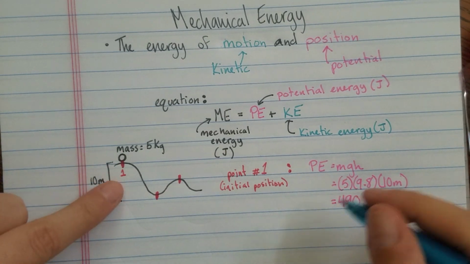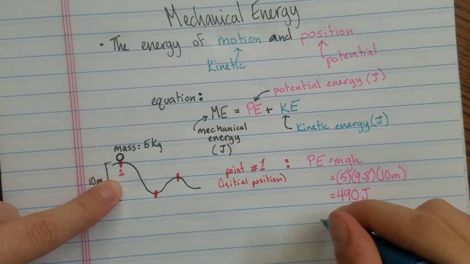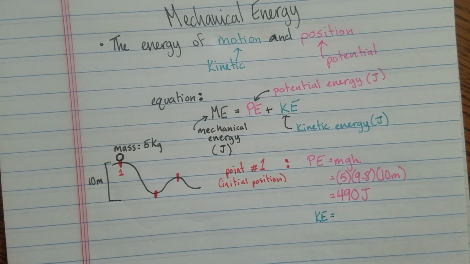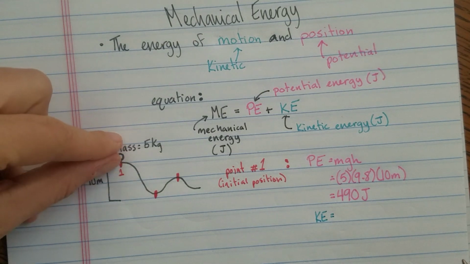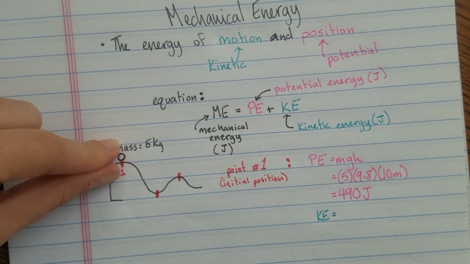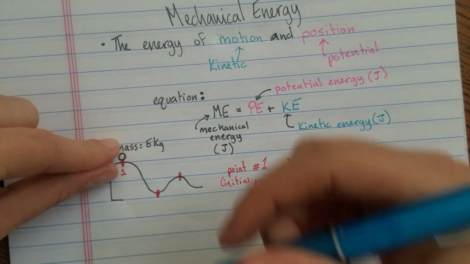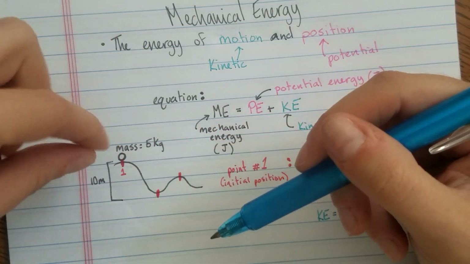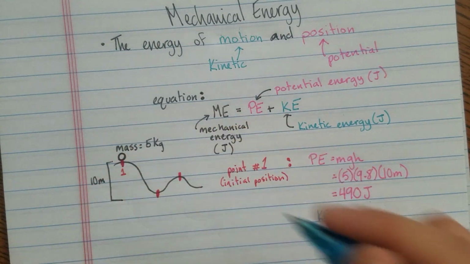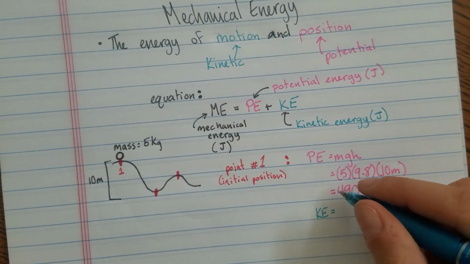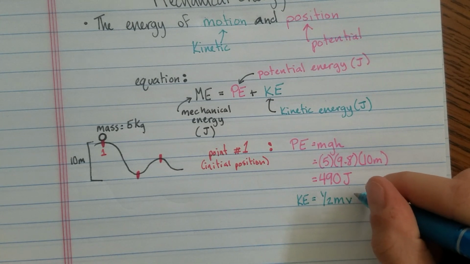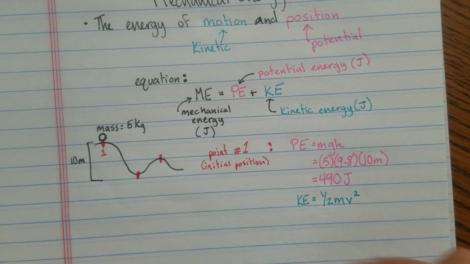Now let's find the kinetic energy for this point. We already said that our marble is going to only be influenced by gravity. So when we first set the marble up here on the roller coaster, we don't want to give it a push. That would be transferring some of our energy to the marble. So instead, we're just going to set the marble there and let gravity take over. So we are going to start from rest. And that's important for our kinetic energy equation, which is 1/2 mass times velocity squared.